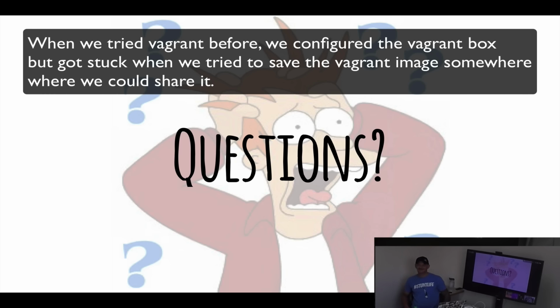My question is, we tried Vagrant before, and then I think we got stuck after we set up the Vagrant and everything. We'd like to save that and share that with the others. How do you do that? You just upload it to Vagrant? The way you want to do it is you want to do all of those setup scripts.